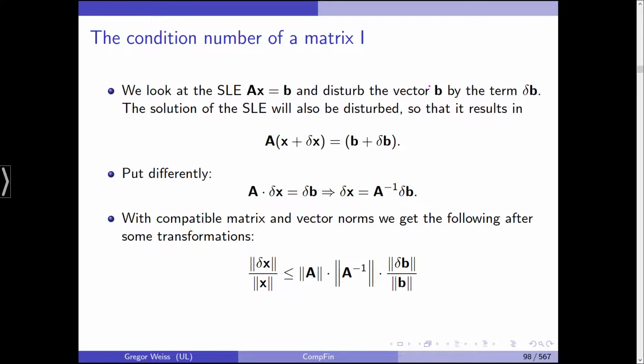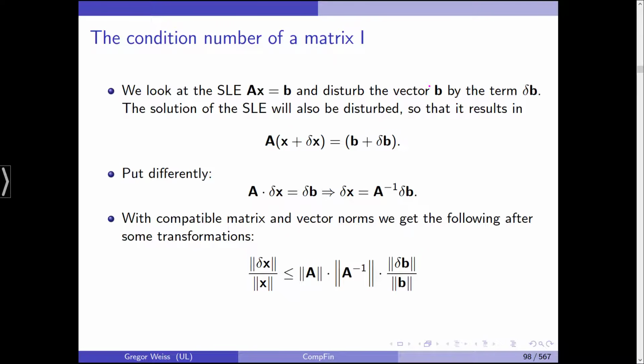And this should, of course, result in a solution X plus delta X. It would be just coincidence if we arrive at the true solution X, but we have to expect that the disturbance delta B leads to a disturbance in the solution vector X as well.